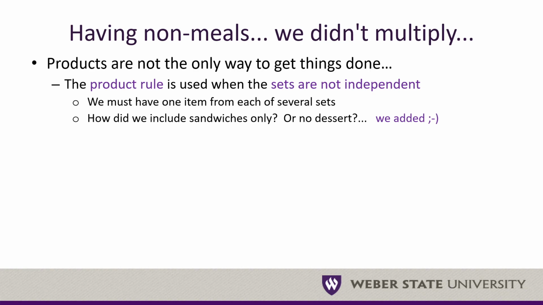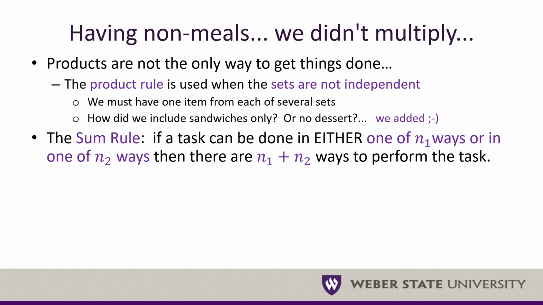And then the same thing, if we said no dessert, we had the number of ways to get the combinations together with the desserts, but if I take the desserts out, I still have the product rule there, but it's the product rule where one set is no longer considered. So I have sandwich, side, and drink, or sandwich, side, drink, and dessert. And then you can choose which one of those, but they're added together, not multiplied together.